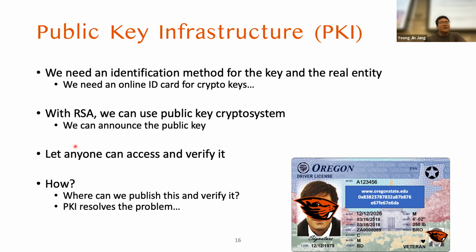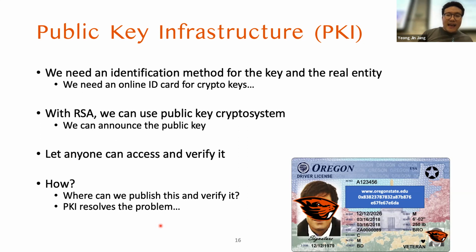The good thing about the public key scheme is that we can publish the public key, so anyone can obtain my public key. But how can you make sure that a certain public key binds to a certain identity? The PKI resolves the problem.